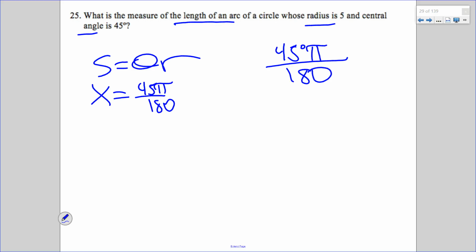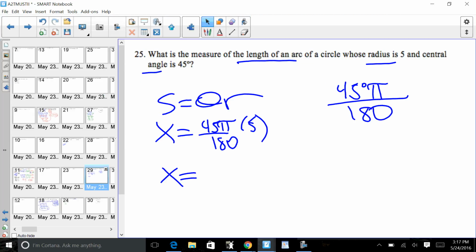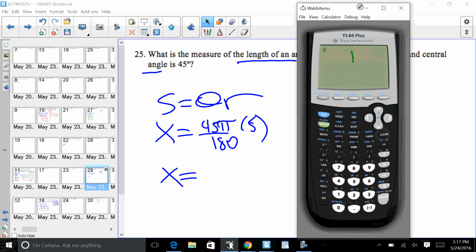Radius is 5. X is isolated. All I have to do is just type this thing in. Because it does not say to round, I'm not going to type pi in. So I'm going to type in 45 times 5 over 180. Let's do it this way. 45 over 180 times 5.